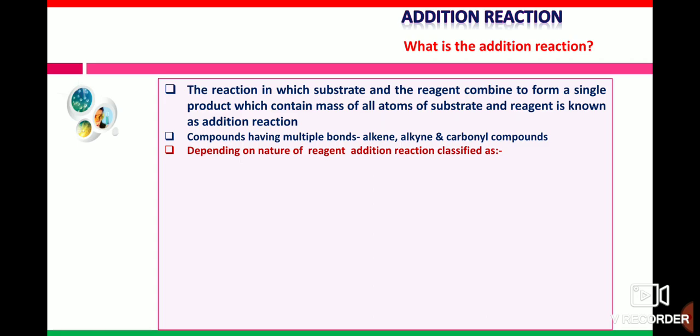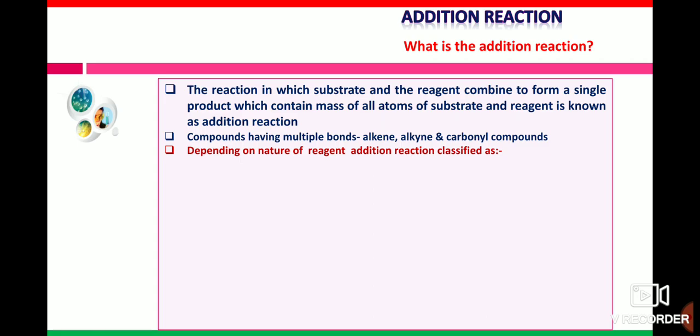The compounds having multiple bonds, carbon-carbon double bond, carbon-carbon triple bond and carbon-oxygen double bond generally undergo addition reaction. Alkenes, alkynes and carbonyl compounds, aldehydes and ketones undergo addition reaction. Addition reaction is a characteristic of alkenes and alkynes.